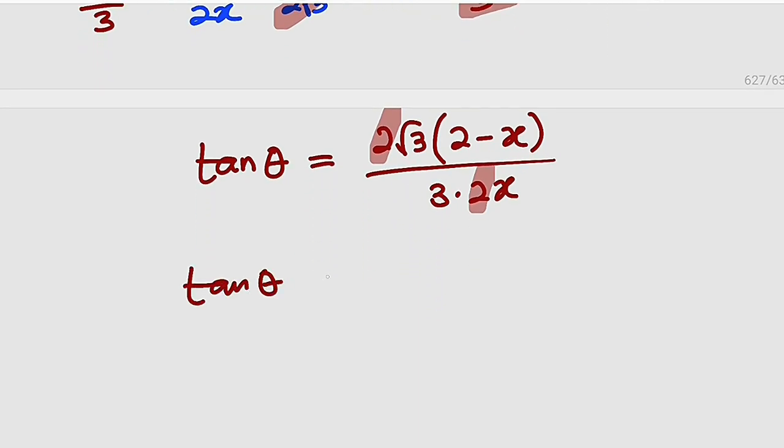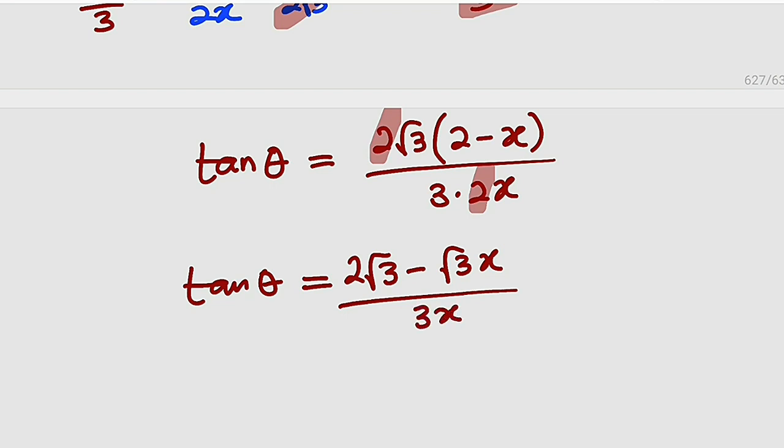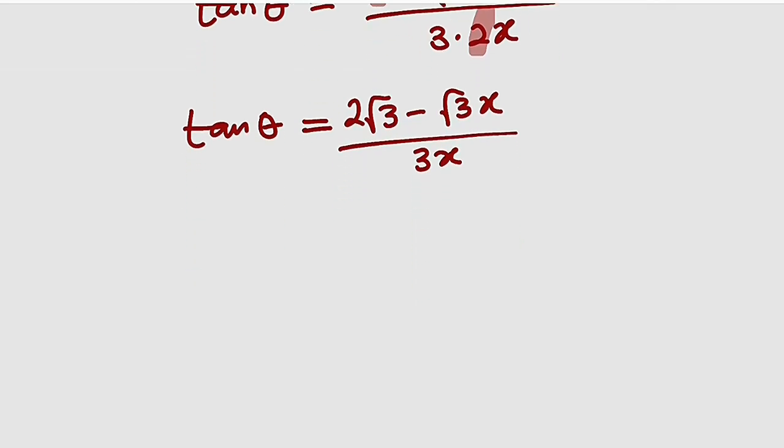Tangent theta is equal to root 3 times 2 minus x divided by 3x. If you like, you can expand. I can say 2 root 3 minus root 3x divided by 3x. We're almost done. To find theta, we are going to take tan inverse of both sides.